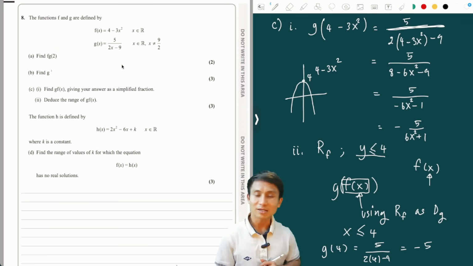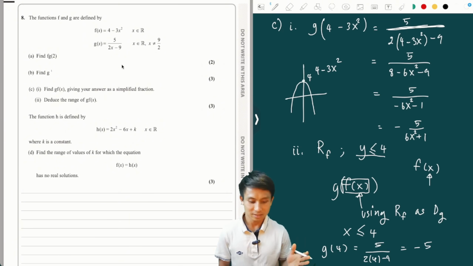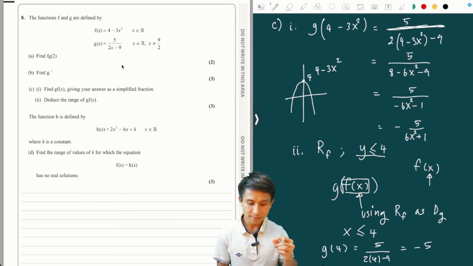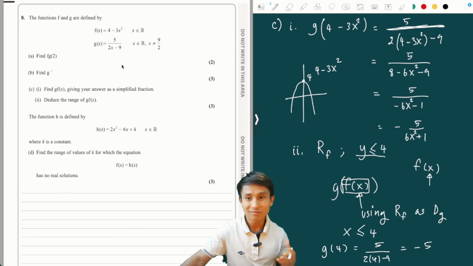But x can be even less than 4. So if you put, say, x as 0, what will g(x) be? If x is a negative, like negative 100, what will g(x) be?